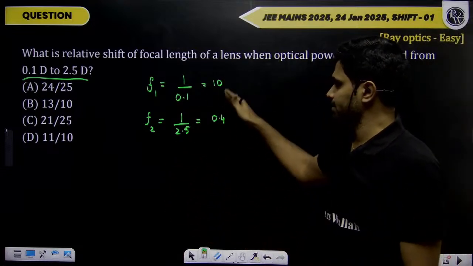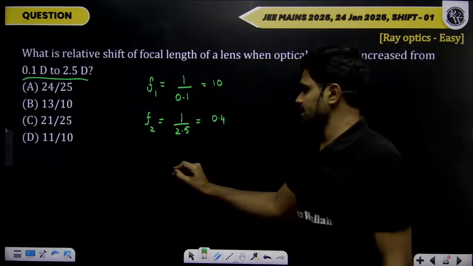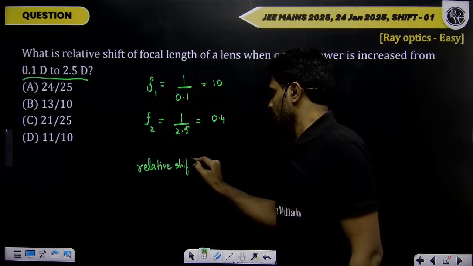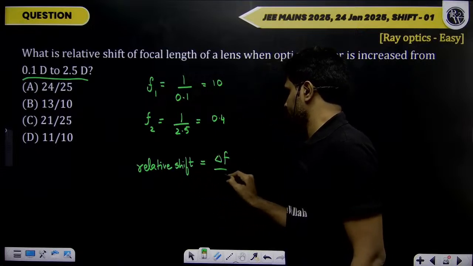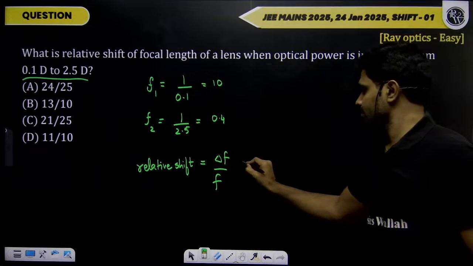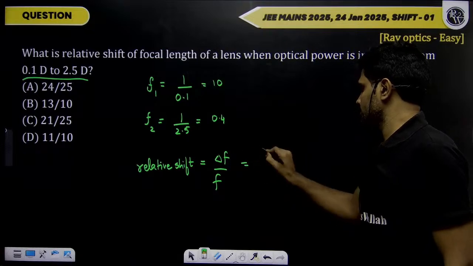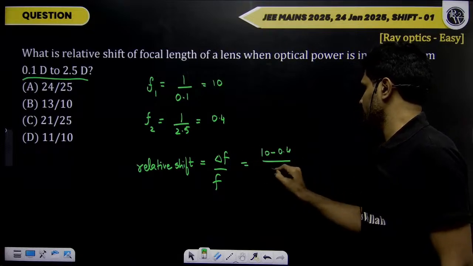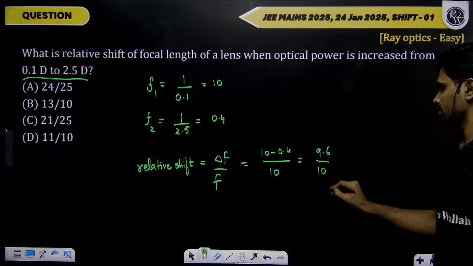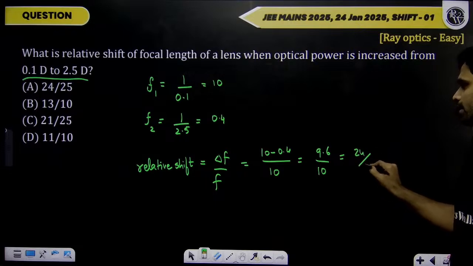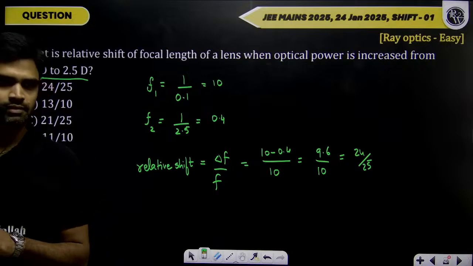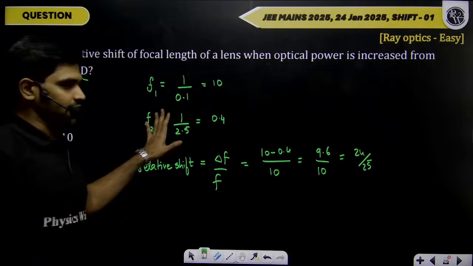Shift in focal length will be 10 minus 0.4, which is 9.6. They are asking relative shift. Relative shift is delta F by F, which is 10 minus 0.4 by 10, 9.6 by 10, which is 24 by 25. Option A will be correct for this. This is an easy question, direct formula based.